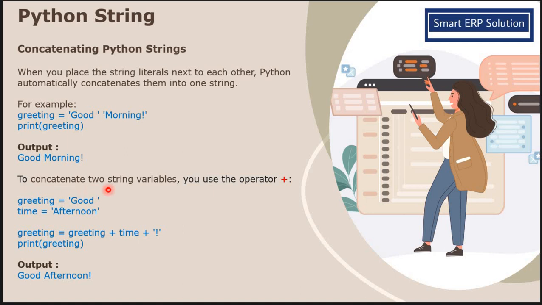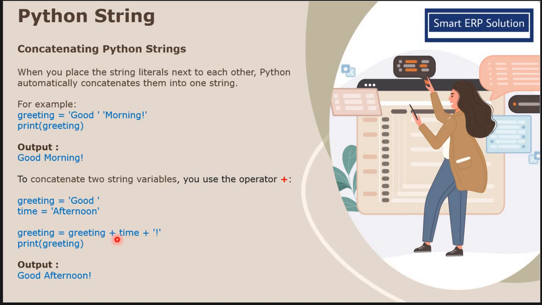To concatenate two string variables, you need to use the plus operator also. Like this way. Greeting equals good. Time equals afternoon. If we want to concatenate the values of these two variables, we need to use the plus operator. Greeting equals greeting plus time plus then an exclamation mark.